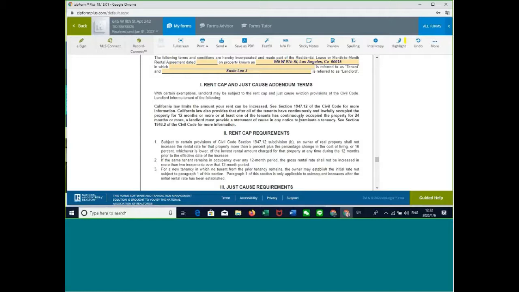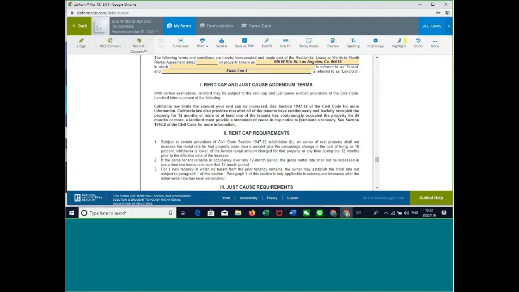The automatic exemption, or you have to get a certificate. Listen, this is very important. In order to get exempted, all of your leases must contain this form.